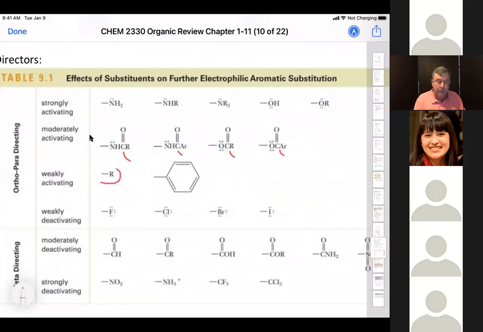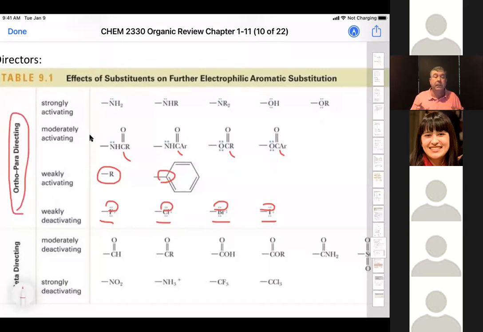If it's a carbon of aromatic or aliphatic nature, it's weakly activating and an ortho para director. These are officially weakly deactivating because of the inductive effect, the fact that they're electronegative, pulling some of the electron density away from the benzene ring, but they're ortho para directors because of the lone pair. So the lone pair is telling us a lot about ortho and para direction on our benzene rings.